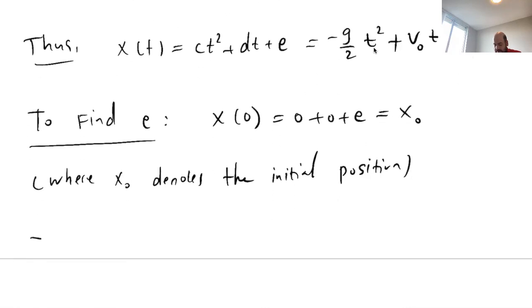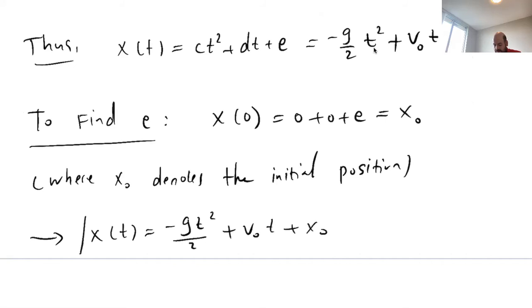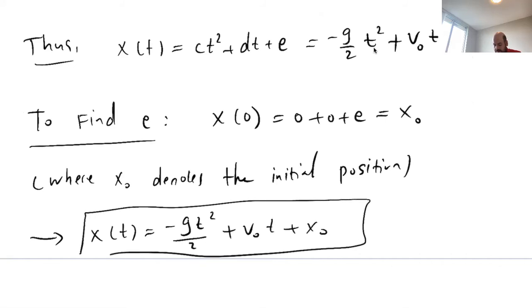So that means x of t is equal to minus gt squared over 2 plus v0t plus x0. This is the equation of motion for free fall.